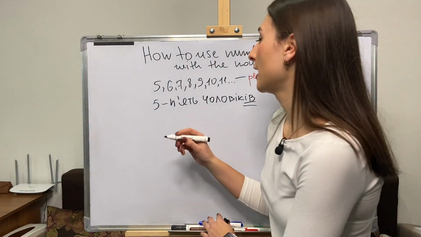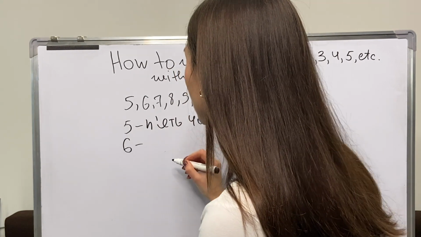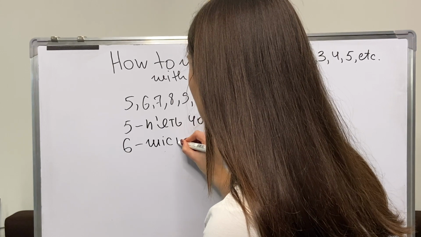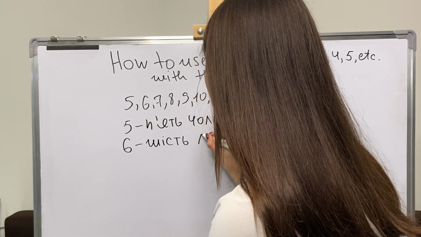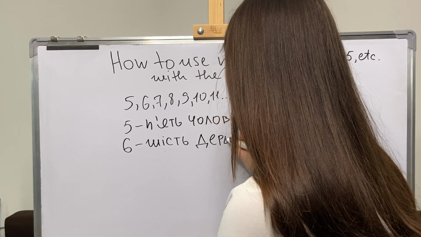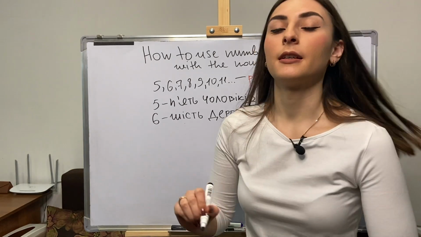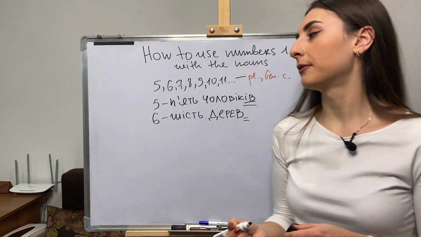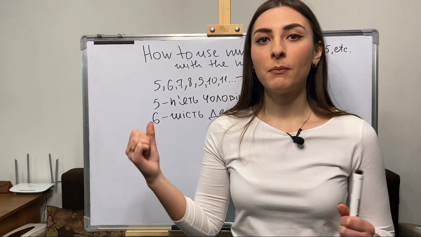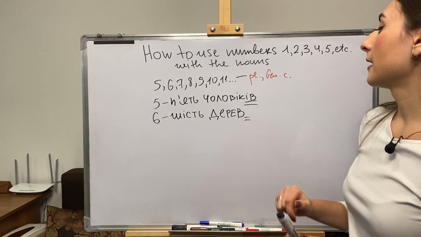For example, you just say 6 дерев. 6 trees. Дерево means a tree. Дерева, trees, but plural genitive, here it takes zero ending.